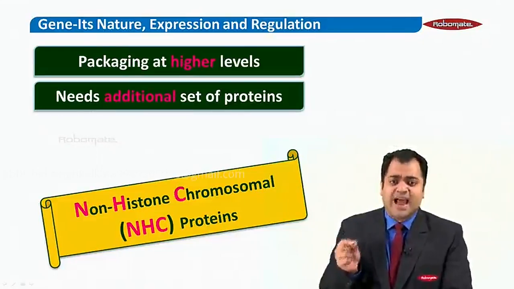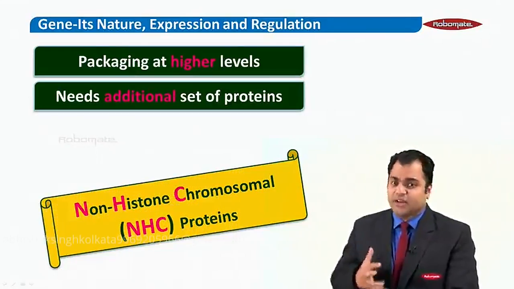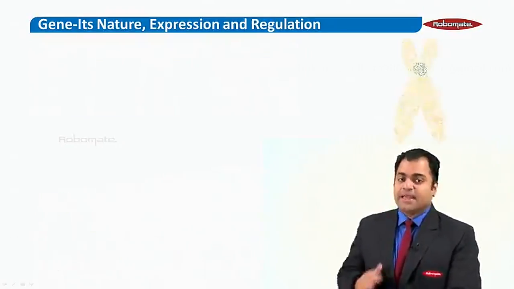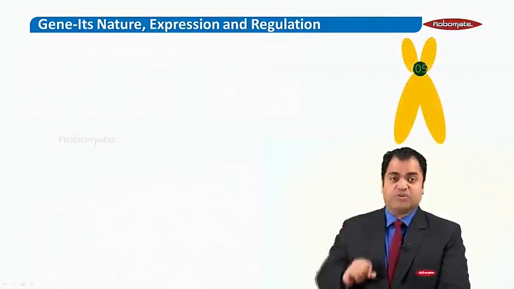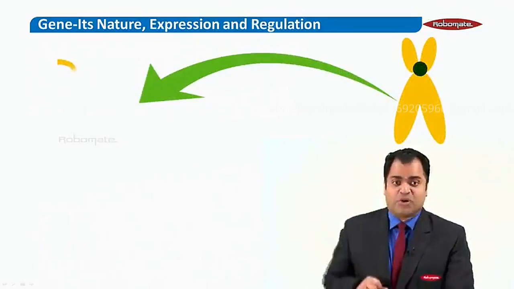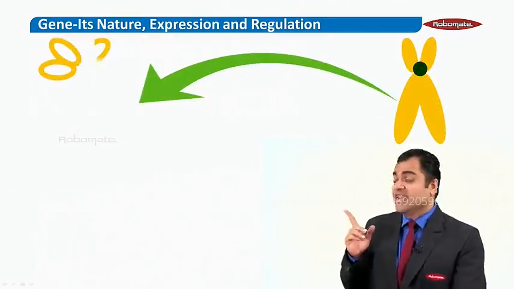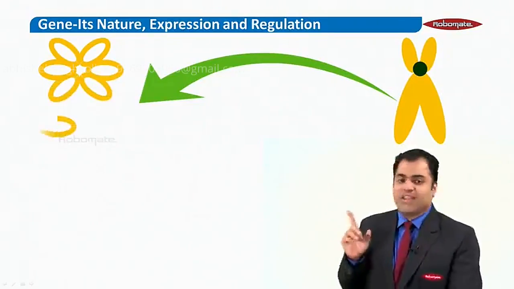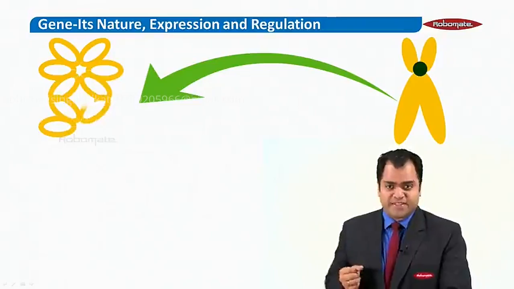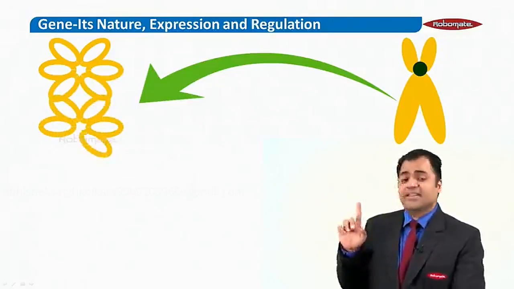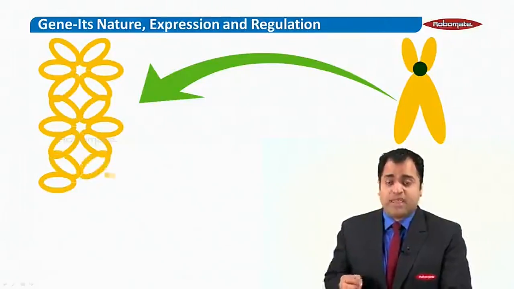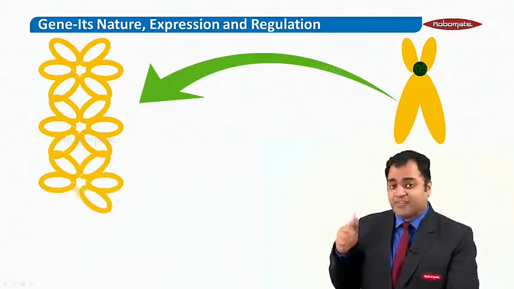Let us see how these NHC proteins look and why they are called non-histone proteins. If I take this chromosome and peek into it, what will I see? I'm going to see my chromatin loops. They are lovely, almost like a flower. You can see there are many such chromatin loops in your chromosome that wrap themselves up like a flower.